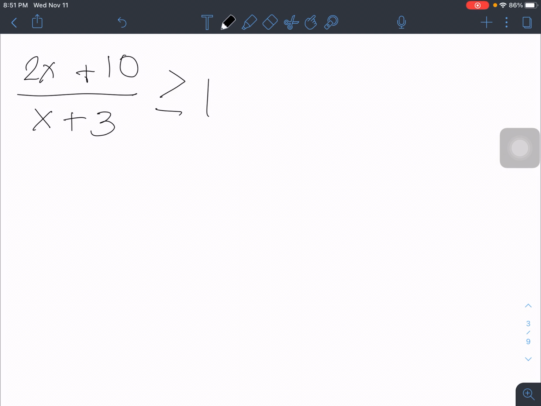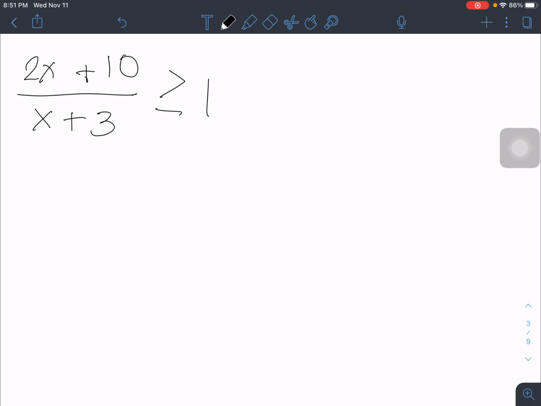However, when we are dealing with rational inequalities, the values of x are represented as an interval. This is not limited to only one or two values, so there will be more than two values of x.